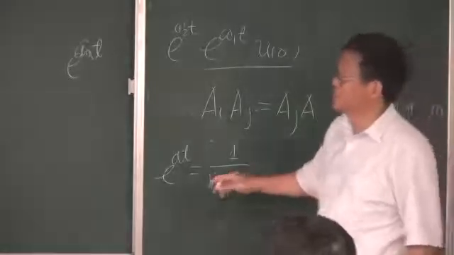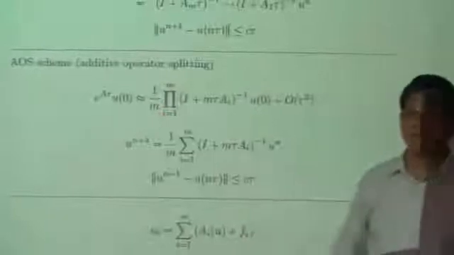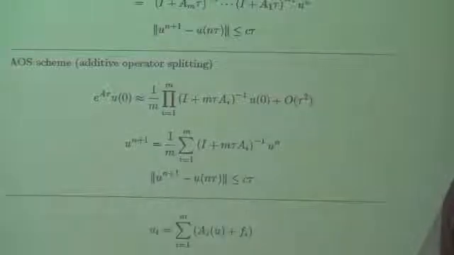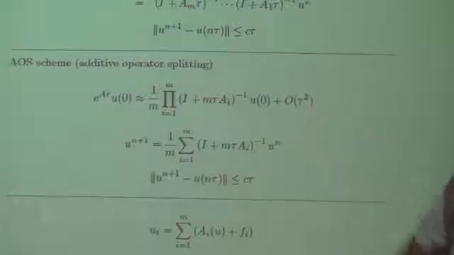So you can easily see that if you put the M here, divided by M, you produce the O(tau squared) approximation if you do Taylor expansion.